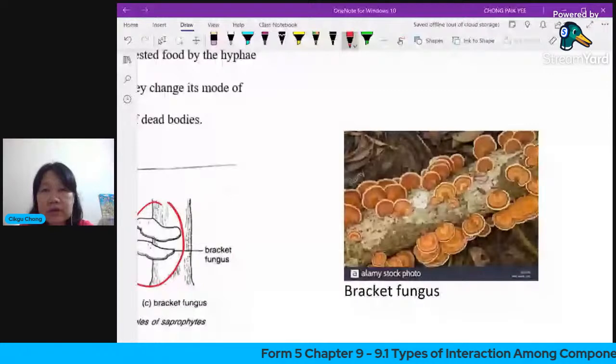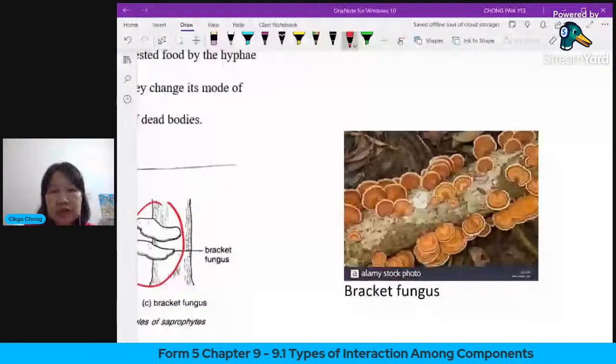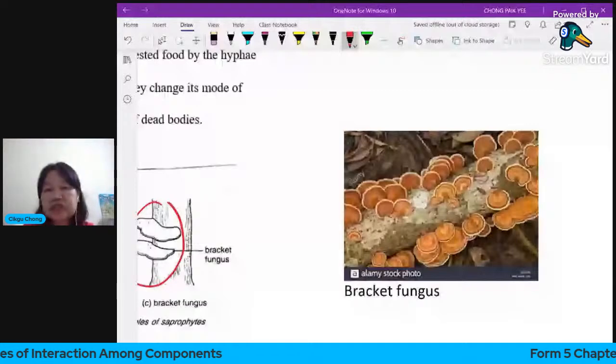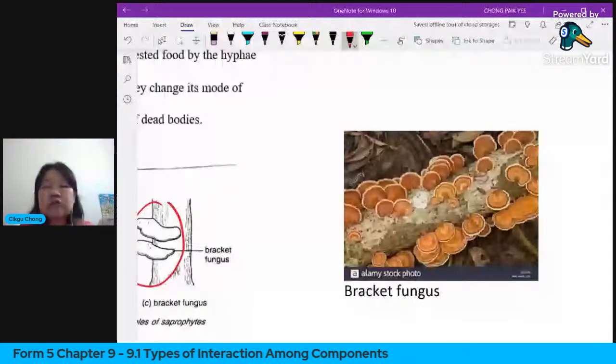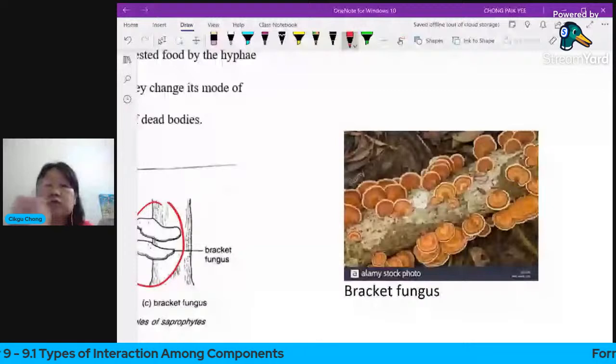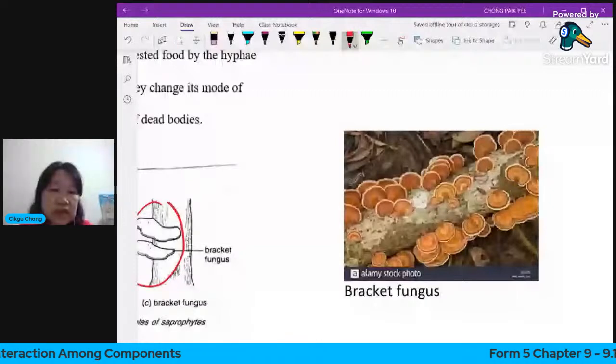So this is bracket fungus. Next one, saprophytic bacteria. They bring about putrefaction, which is decomposition. They break down complex protein and carbohydrate into smaller molecules, so that it can be absorbed, returned back to the environment, and used by other plants.